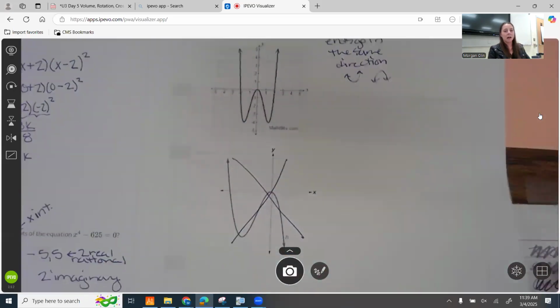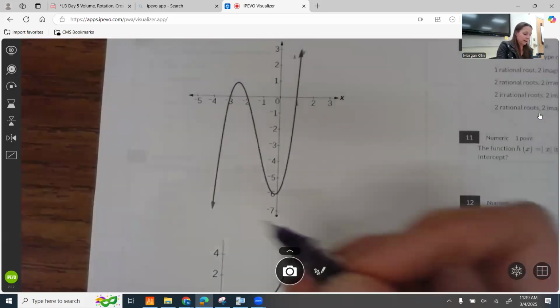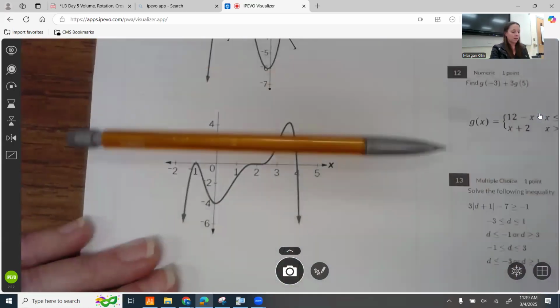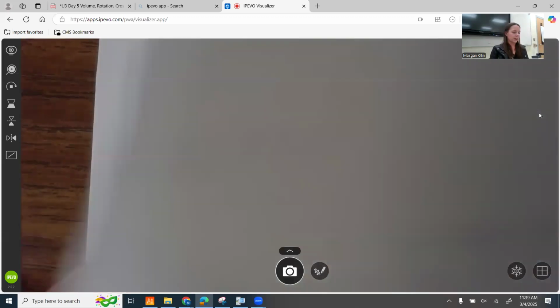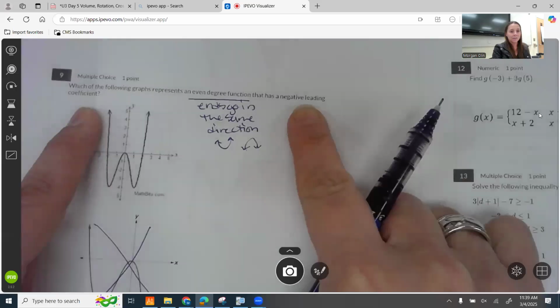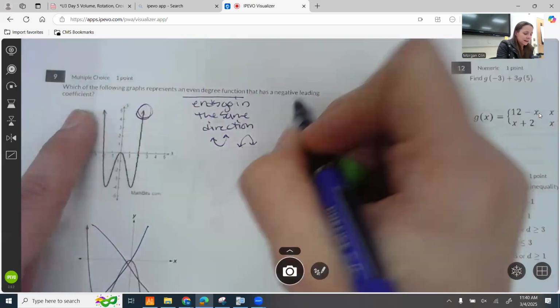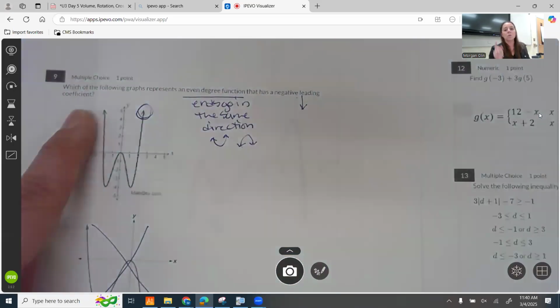Let's see my other choices and see if I can mark anything out. Well, this one end goes down and one end goes up. So I'm going to mark that off. But look at this one right here. Both ends go down. Now, the other thing it says is that it has a leading coefficient that is negative. Focus on the right-hand side. If it's a negative leading coefficient, then my arrow is going to go down on the right-hand side.